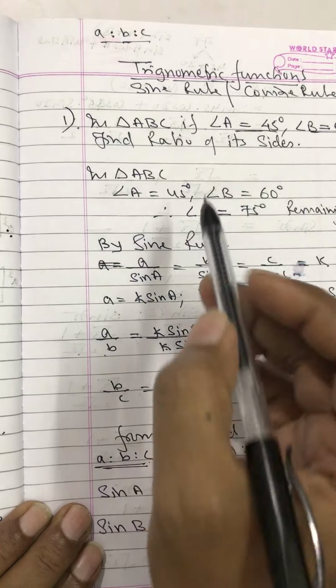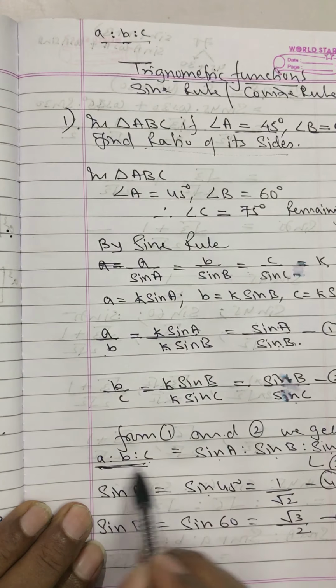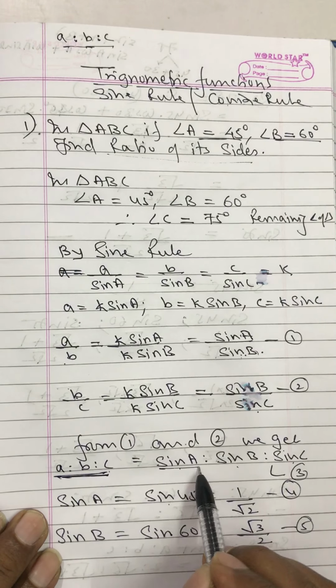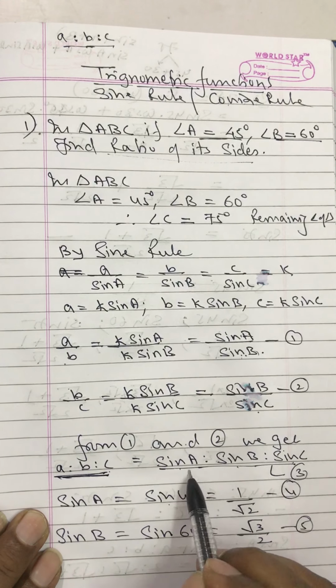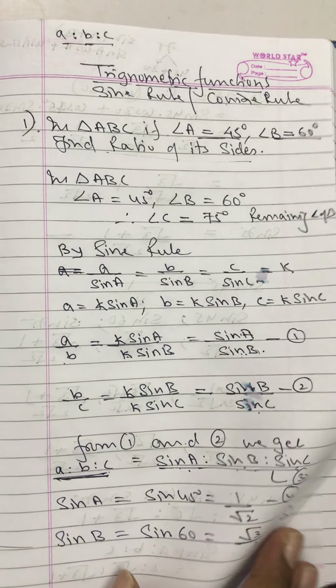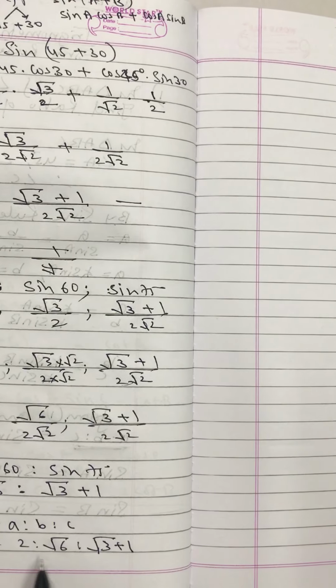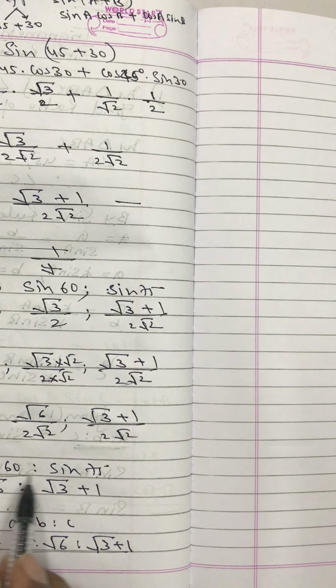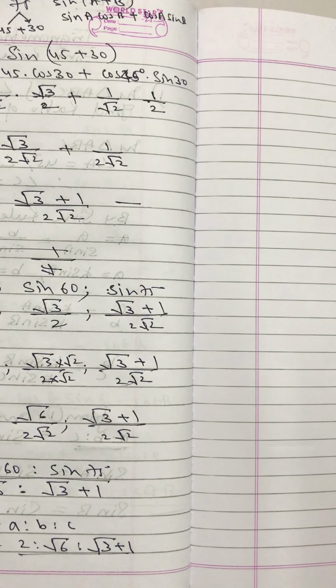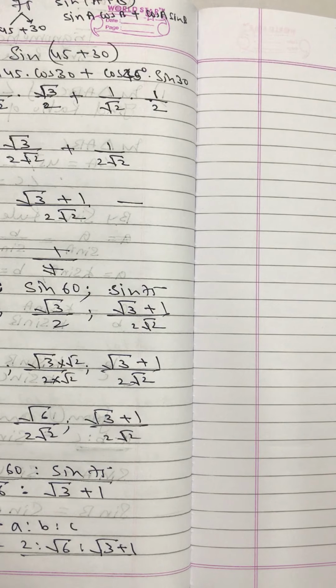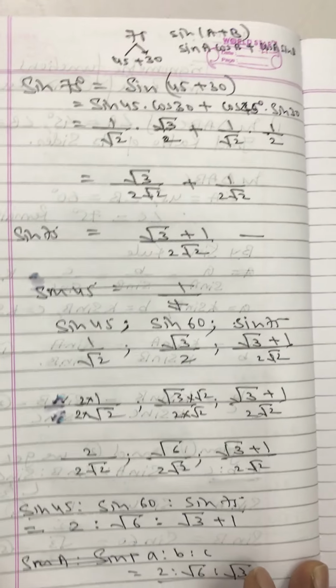They have asked us to find the ratio of its sides. Ratio of its sides is equal to sin A is to sin B is to sin C, which is sin 45 is to sin 60 is to sin 75. Okay, my dear students, so this you have to do well.